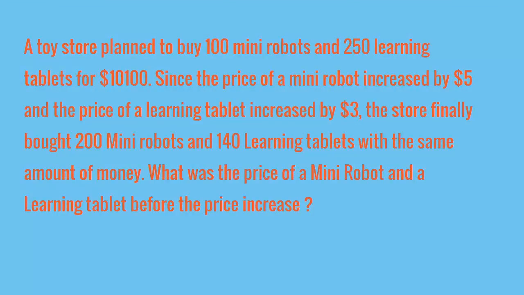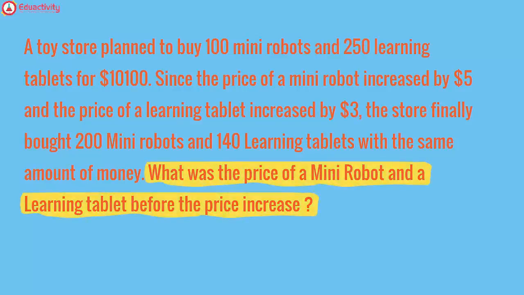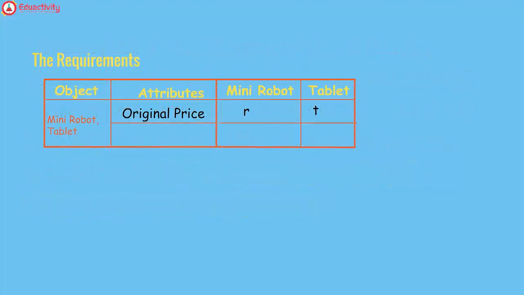Now it's time to specify the requirements. The requirements in this problem are the original prices of the mini robots and learning tablets. We can use a table to specify these requirements. By using a table, we can easily represent relationships between the values in the problem.